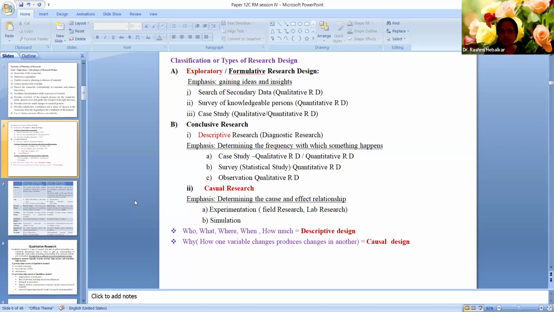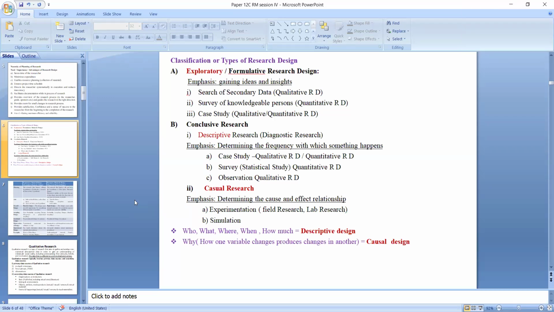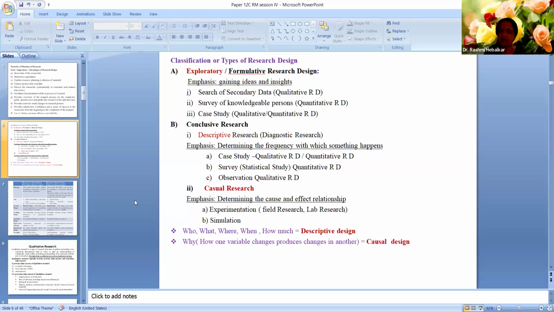Now, under conclusive research, the second type is causal research. In the first session, we have given a good amount of time on this also. It is for determining cause and effect relationship. So when the question is why a particular research design has not given much results, or why so and so training programs were not responded to, maybe you generally make a list and invite the people for joining the program.